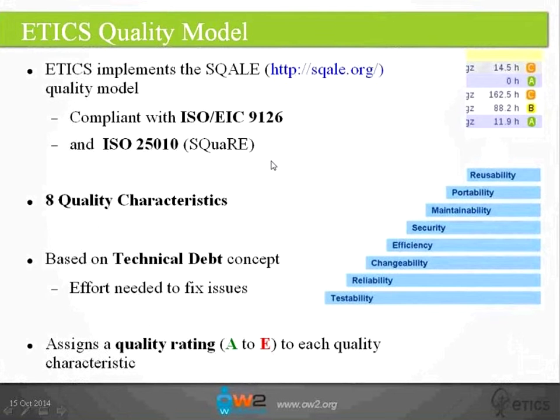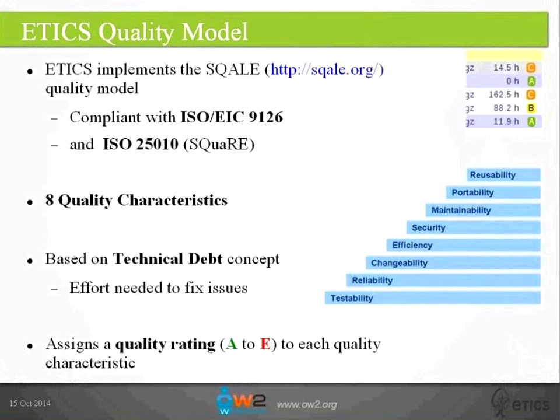And in particular, it takes the concept of characteristics from this standard. So the quality of a component can be seen from different points of view, from different characteristics. And SQALE and ETICS adopted these 8 characteristics that you can see on the right of the slide: testability, reliability, changeability, efficiency, security, maintainability, portability, and reusability.